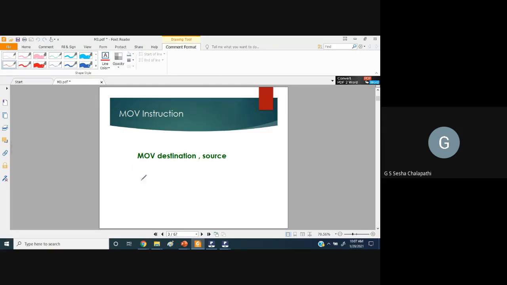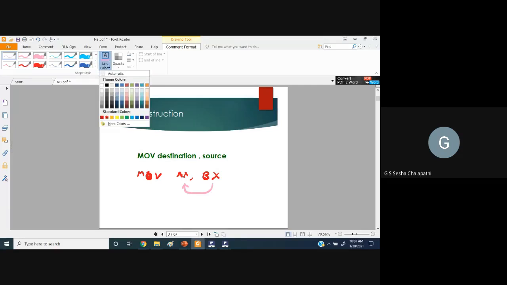Okay, so let us say I have an instruction like move ax comma bx. When I say move ax comma bx, it means the data present in bx will be moved into ax. Thereby the contents of ax will now change.